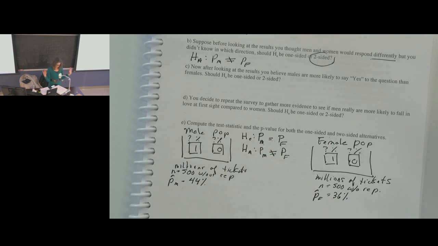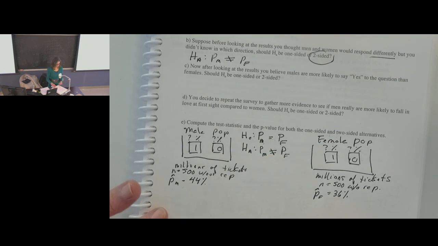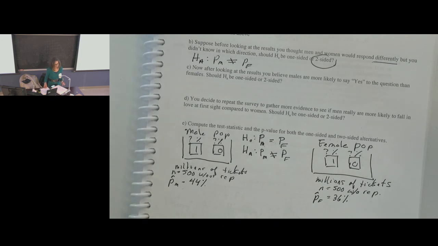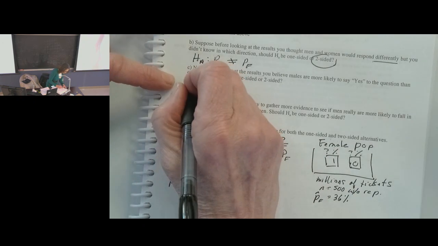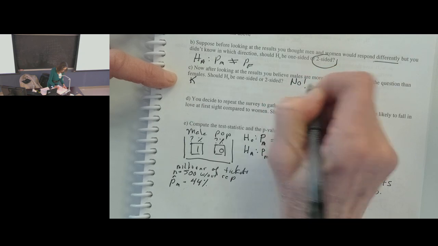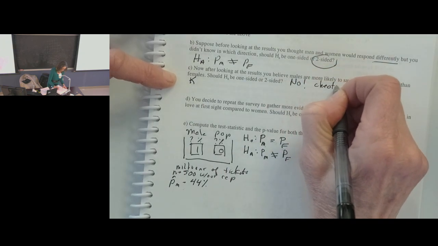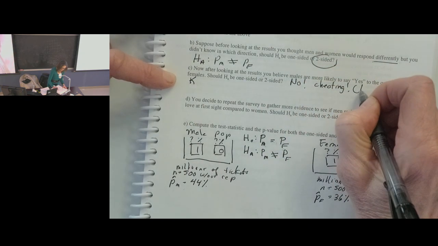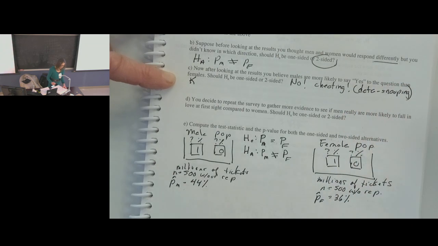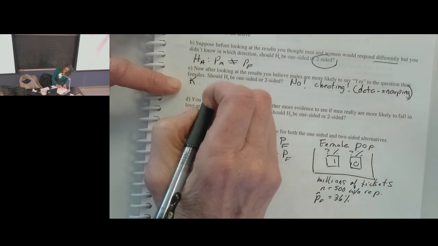It's cheating. It's absolutely cheating. It's called data snooping or p-hacking, and it's cheating, and lots of people do it, and you shouldn't ever do that, okay? So no, it's cheating. Data snooping or p-hacking. Okay, you want to keep two-sided.